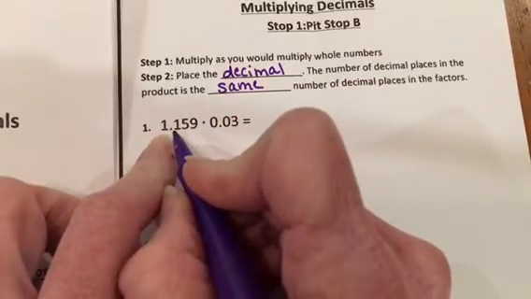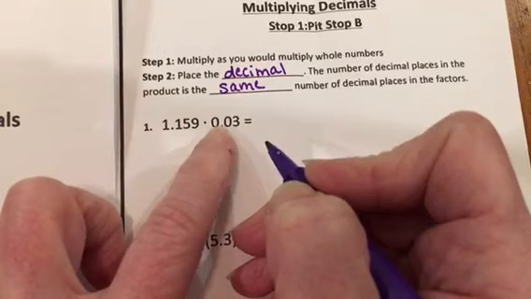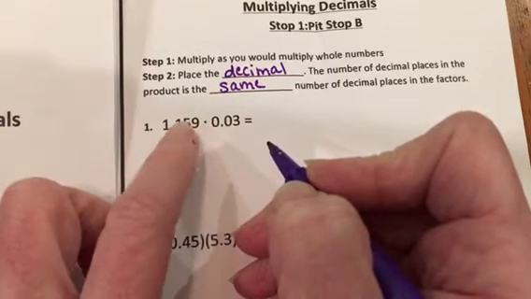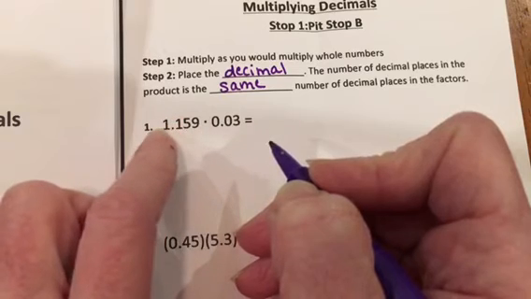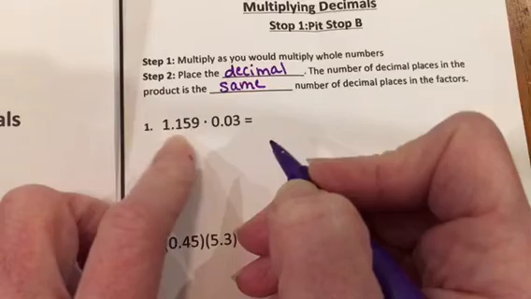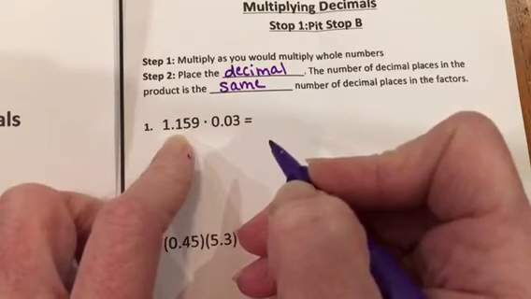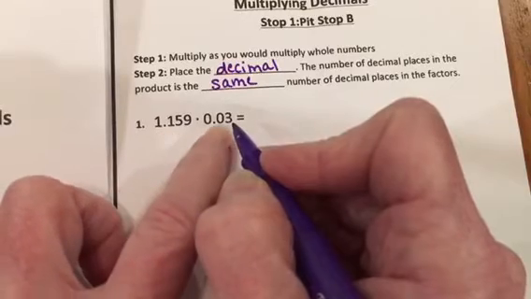So I have these two numbers, 1.159 times, the dot means multiplication, times 0.03. When I set up my multiplication problem, I'm always going to start with the number that has the most digits and put that on top. It's just easier for me to multiply. And then, unlike adding and subtracting, you do not need to line up your decimal places.